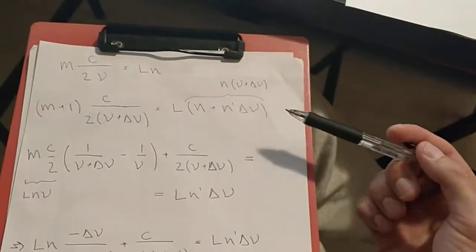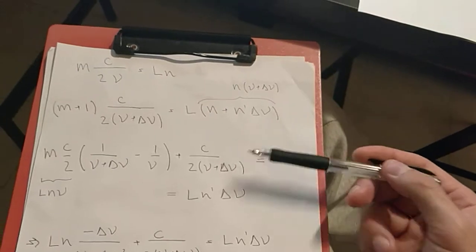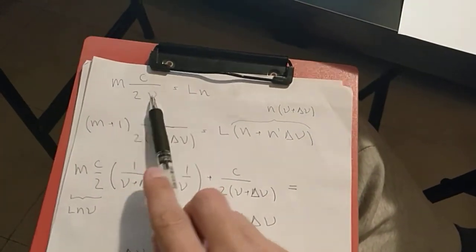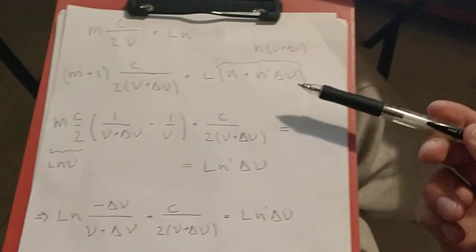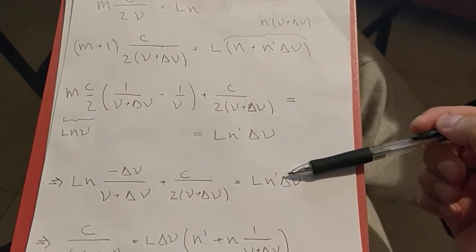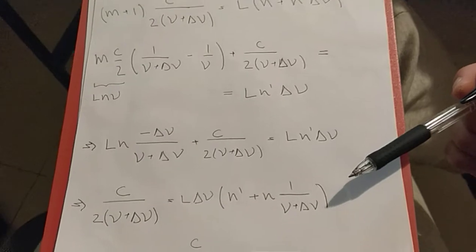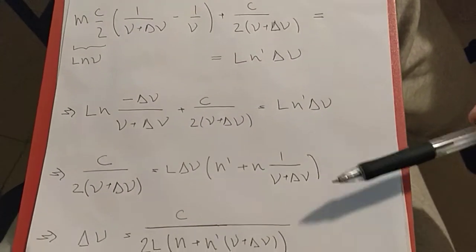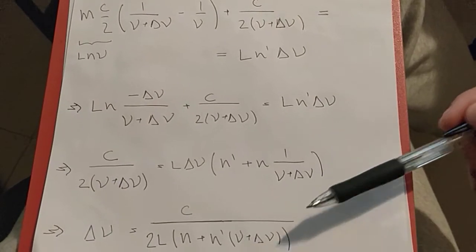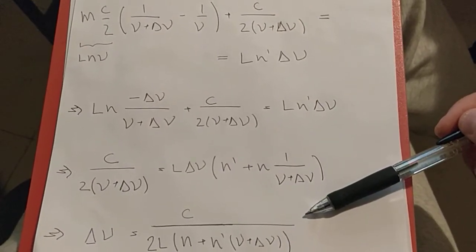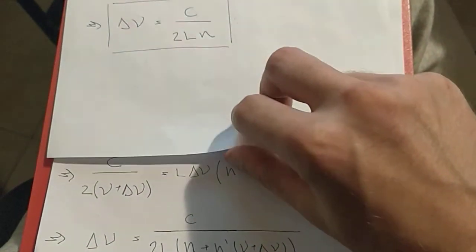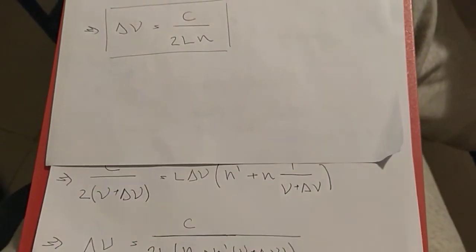So again, with some straightforward algebra and usage of the original expression, we can get to this, where we see that we get almost the same expression, but with some important differences.